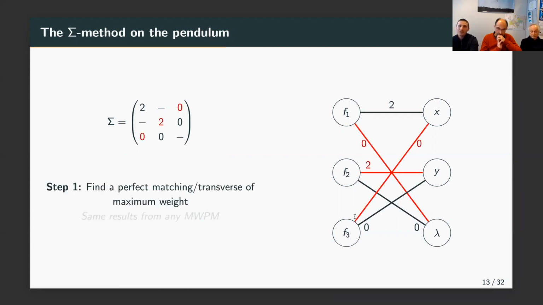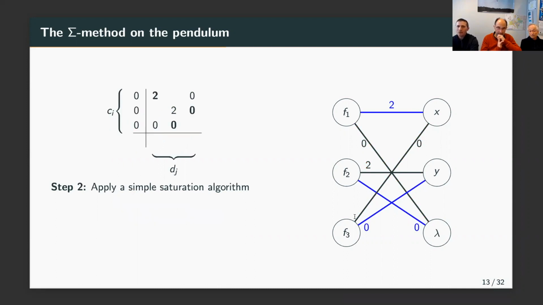So the first step is finding a matching between the equations and the variables. It has to be perfect in the sense that every equation must be matched to a single variable and vice versa. And the weight, that is the sum of the weights of the edges, has to be maximum. And at this stage, you may choose any maximum weight perfect matching if you have several.